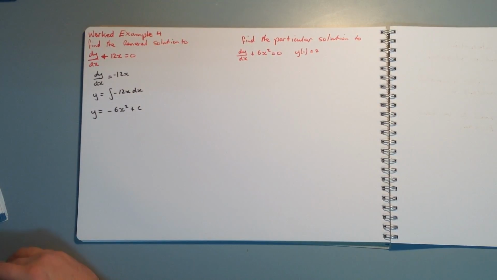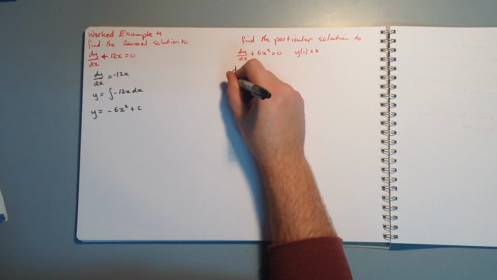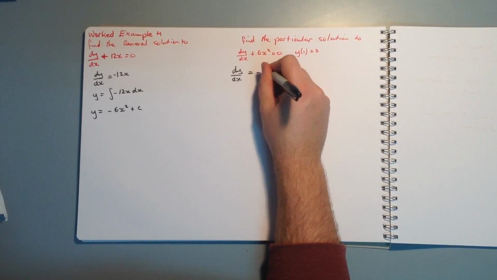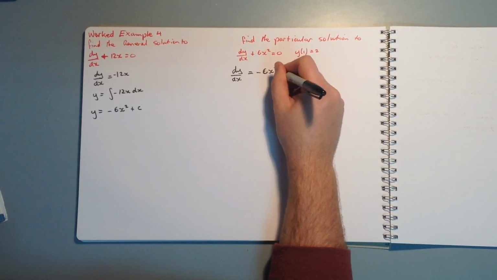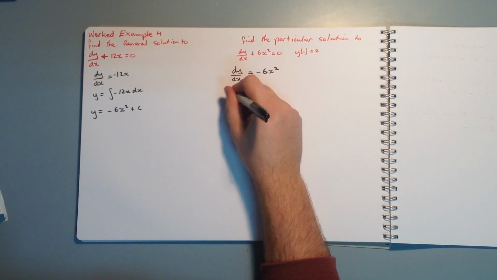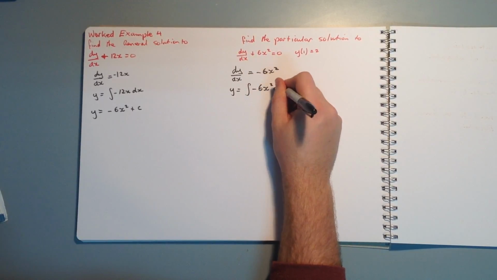Now we want to find the particular solution to dy/dx plus 6x squared equals 0, given that y(1) equals 2. Again, we say dy/dx equals minus 6x squared, which means y equals the integral of minus 6x squared dx.